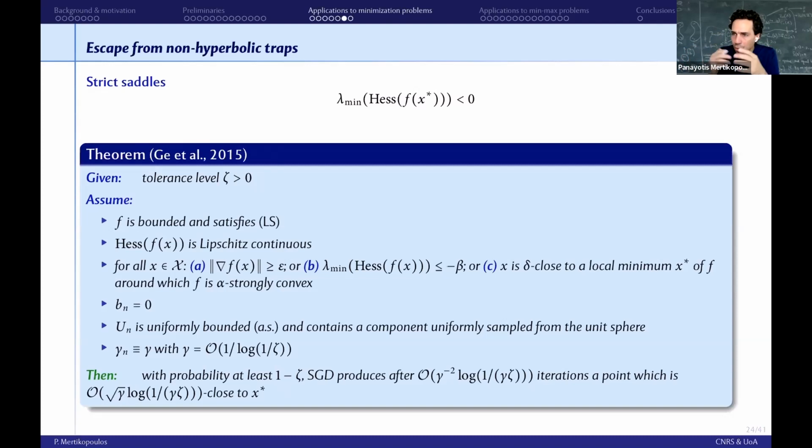What is perhaps a bit more tricky is that we require some sort of trichotomy in the various points of F. So the various points of F must either have sufficiently large gradients, or they must have a sufficiently unstable eigenvalue in the Hessian, or they must be sufficiently close to a point around which F is strongly convex.